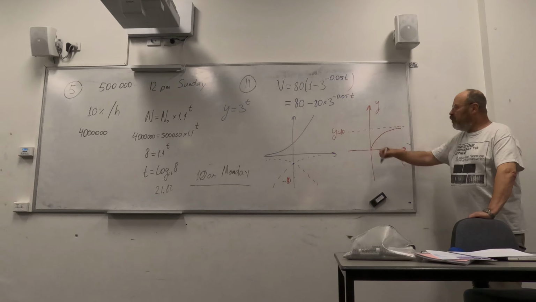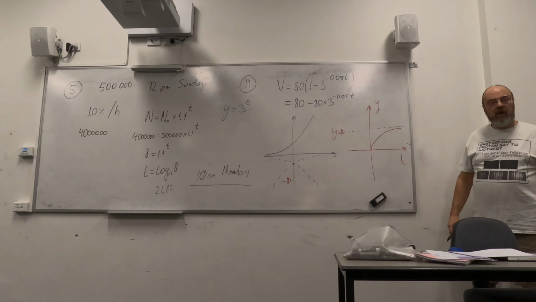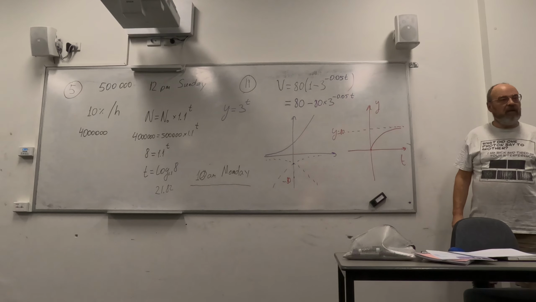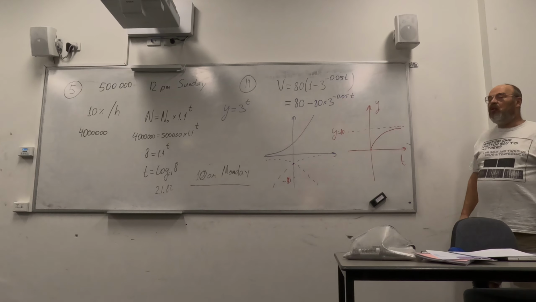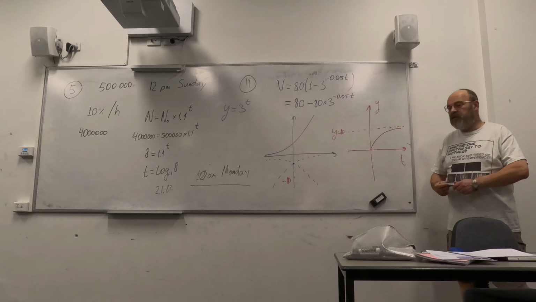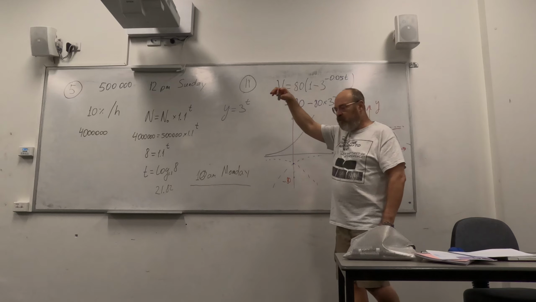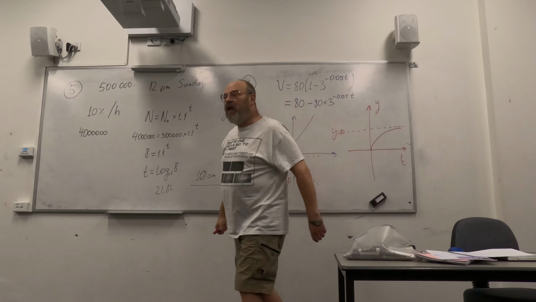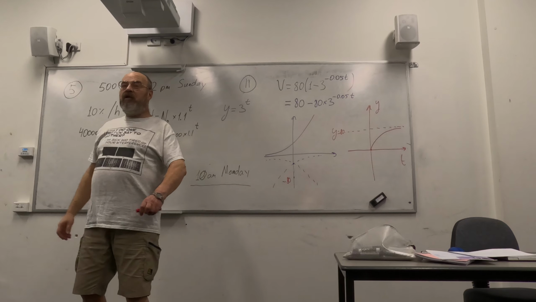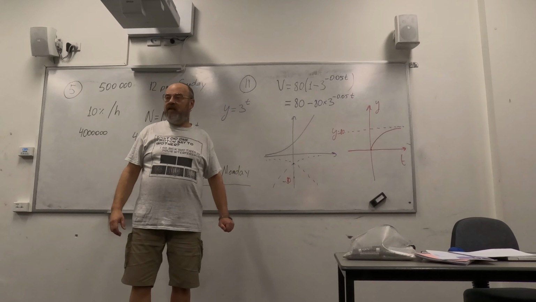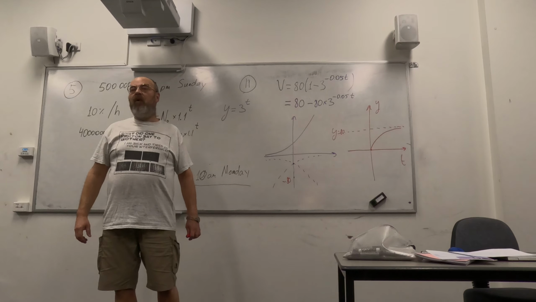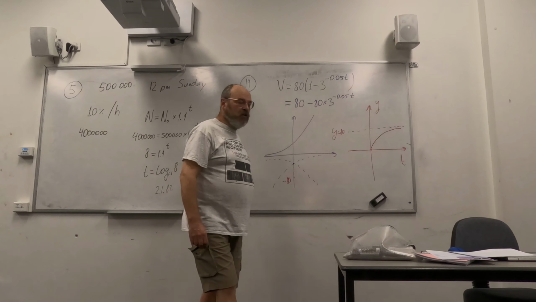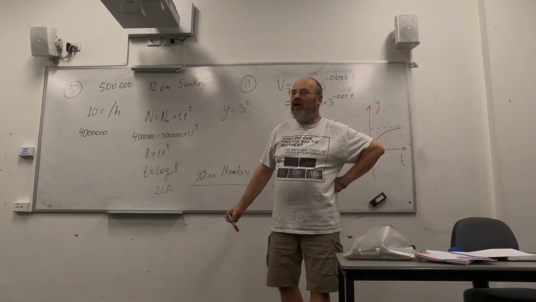As y equals 80 is the asymptote, what will be the limiting speed? 80. When it drops near the earth, it's falling with acceleration, initially 9.8 meters per second squared, but while the object is falling, its acceleration decreases. Why?